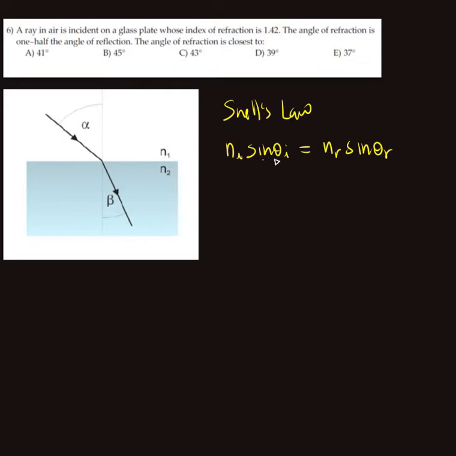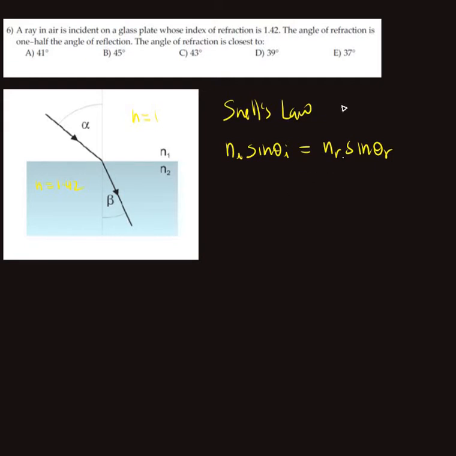But also, we actually have the index of refraction and index of reflection. You have both, because here it says it's air, and air is equal to 1. And this one is glass, which is equal to 1.42. Great. But we don't know the angles, and both are unknown.